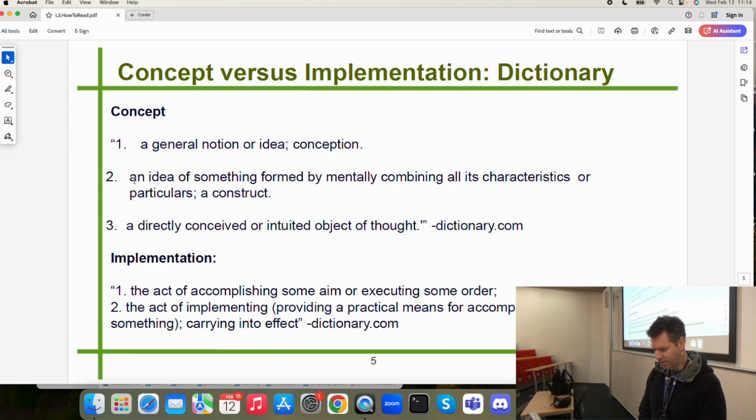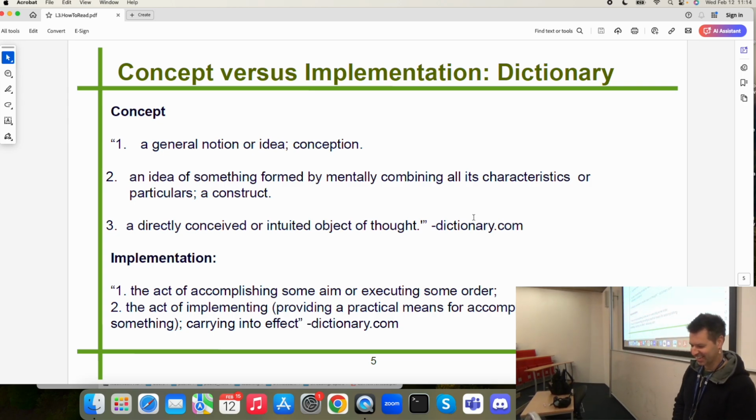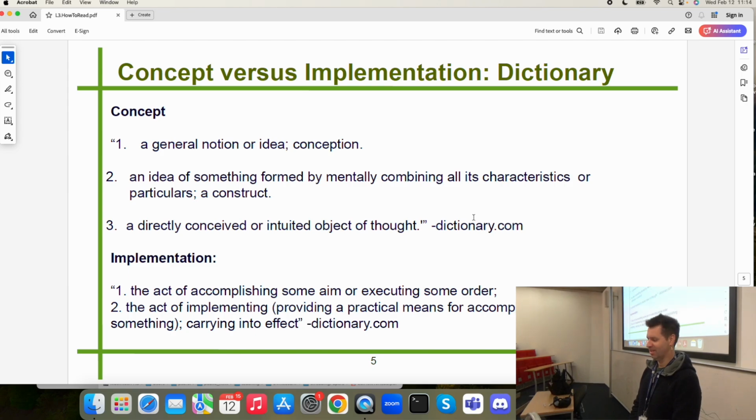Another is an idea of something formed by mentally combining all its characteristics or particulars, a construct. A directly conceived or intuited object of thought. That's a pretty cool definition. They're abstract, aren't they? Those are abstract definitions.